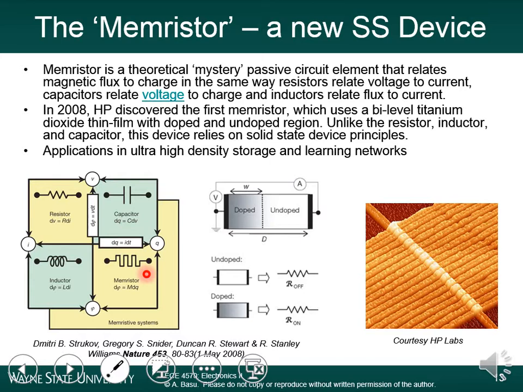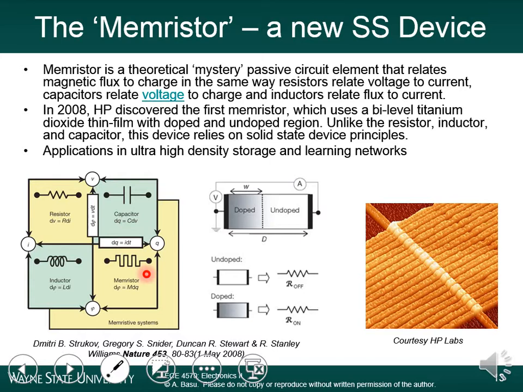This element was predicted to exist back in the 1960s and 70s by a famous researcher at Berkeley, but the device was never made because there was no way to make it. And in 2008, Hewlett-Packard used semiconductors. They used a titanium dioxide thin film with doping, with a doped and undoped region.